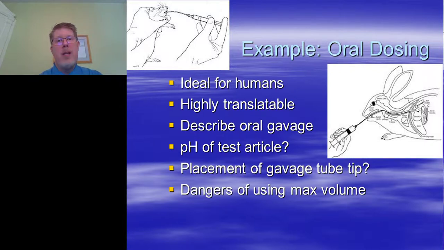So what's going to happen is the test material that you just administered, that you were expecting a certain degree of uptake over 12 hours of GI transit, it just got shot out the other end in half an hour, and none of it has been taken up. And that's going to be variable across your animals. So again, even something as straightforward as an oral dosing of a medication, if it's done improperly, can completely destroy your study.